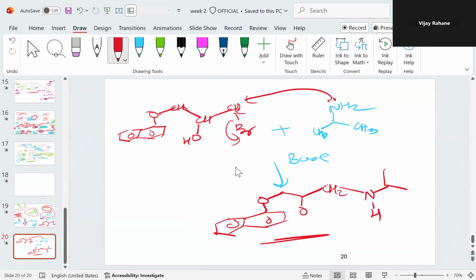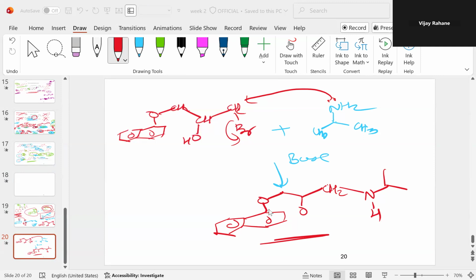So we are slowly moving from the target molecule to different disconnections, and we also need to solve some functional group insertion, or what it is called, FGI, right?